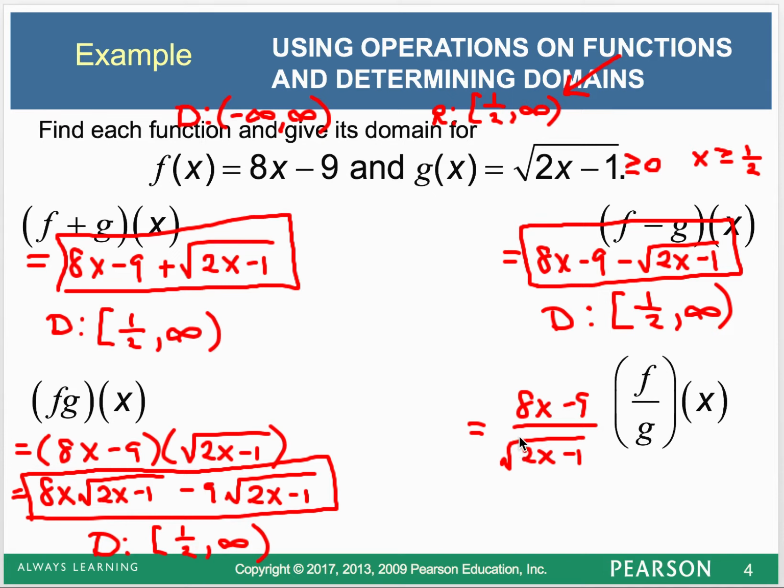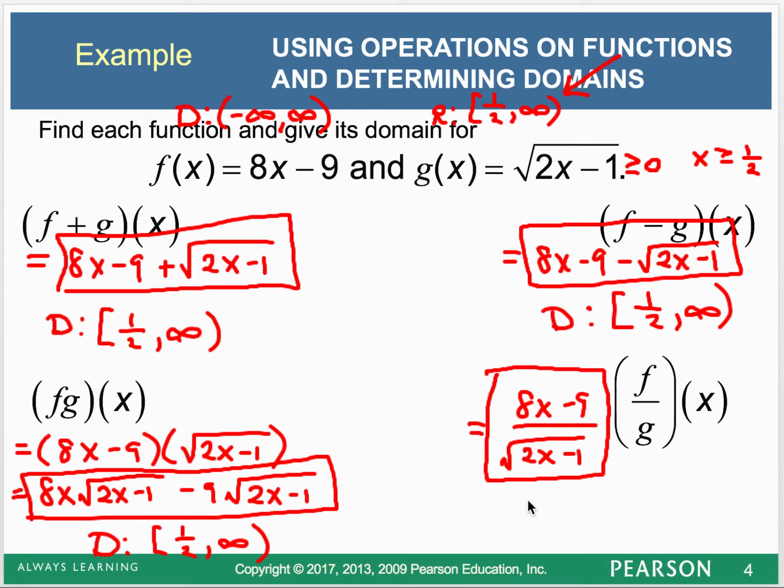I don't know why this section on your homework is going to allow you to do that. So it's going to let you do this. In reality, remember, we should really multiply that denominator by the square root of 2x minus 1 to get rid of the radical in the bottom, and then same thing on the top. But it's going to let you leave it only in this section only, which is a little annoying.